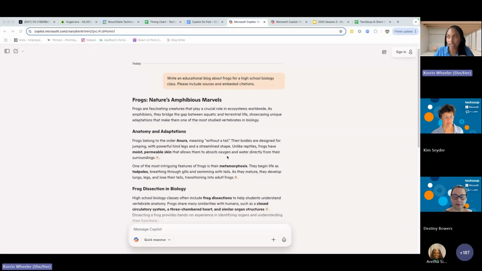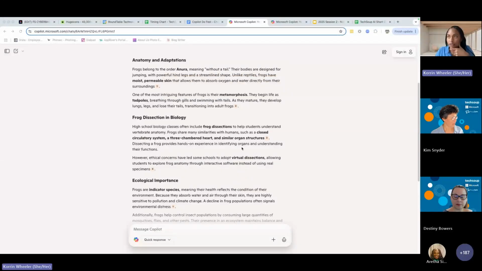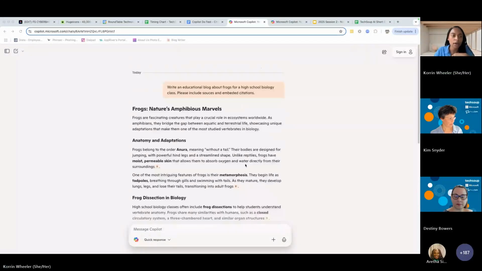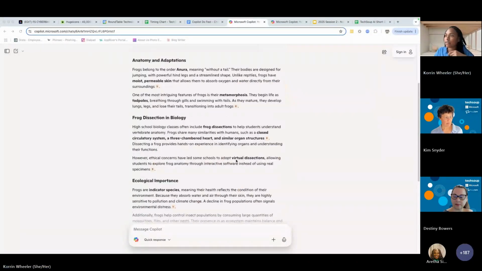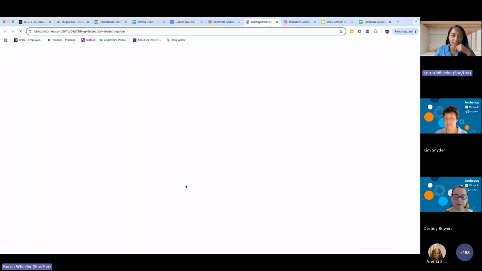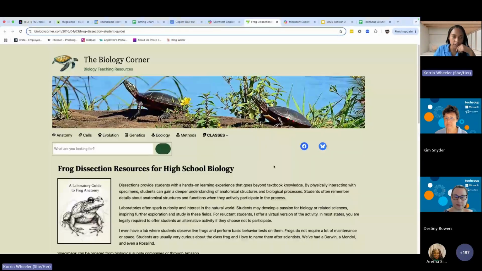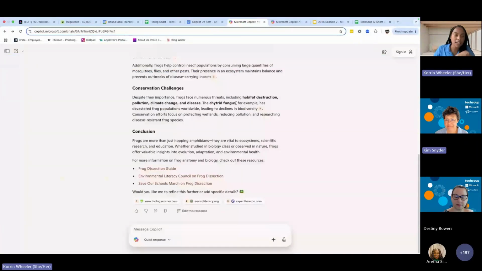So I agree with you guys on that. But let's say you ask just for a rough draft, because a blank page is tough sometimes and you do need a starting point. It can give you citations. I would literally go to these and read and do my own research, get ideas, and use this as a starting point, not an ending. That's the biggest thing.